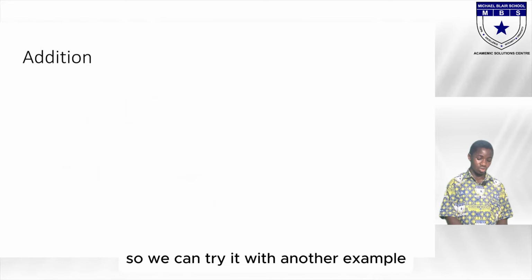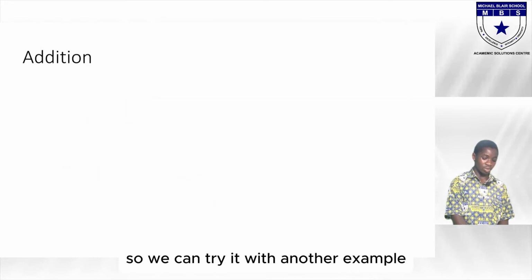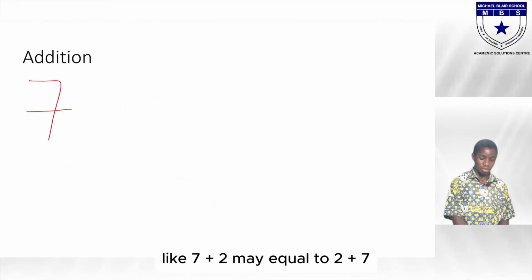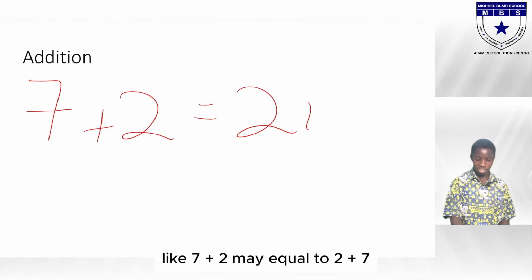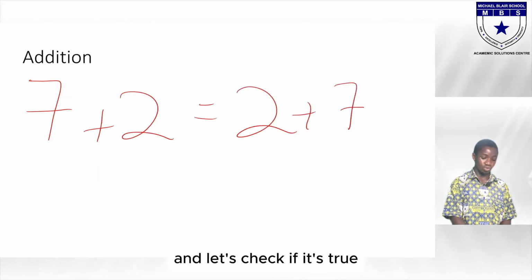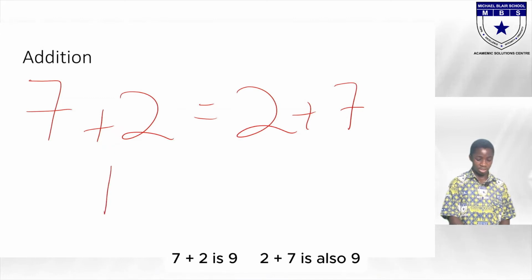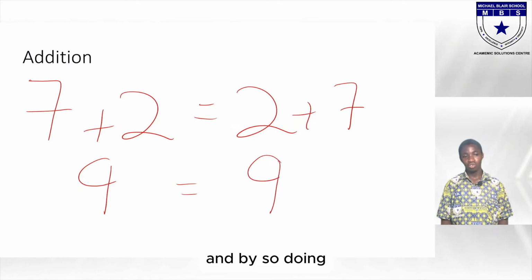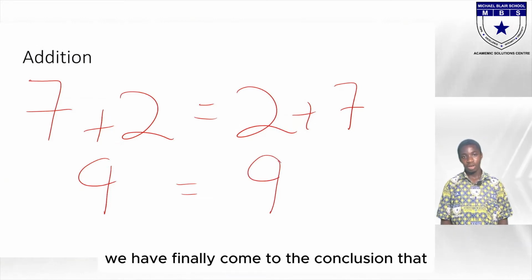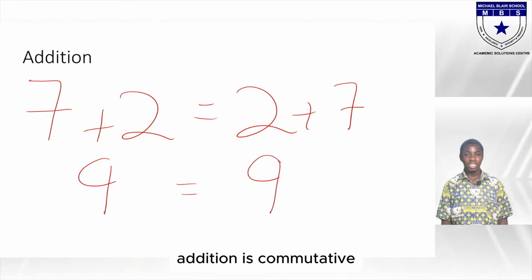We can try it with another example like 7 plus 2 being equal to 2 plus 7. Let's check if it's true. 7 plus 2 is 9. 2 plus 7 is also 9. And by so doing, we have come to the conclusion that addition is commutative.